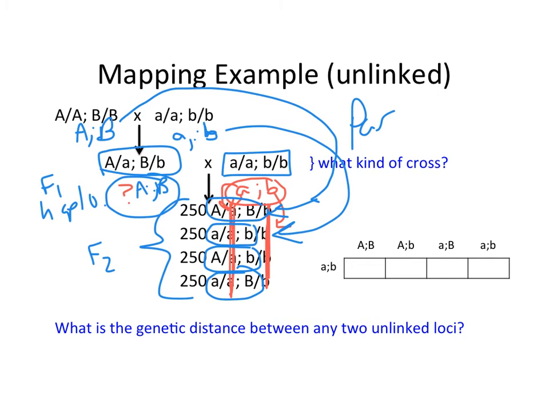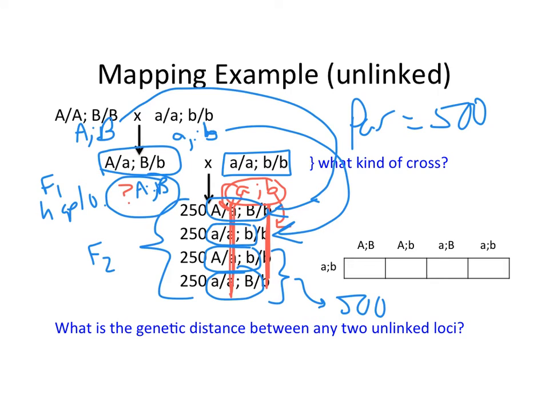Little a, little b. So we've got 250 plus 250, we've got 500 parental gametes produced by that F1 dihybrid. What about recombinants? Big A's with little b's and little a's with big B's. How many F2s total? Also 500 in this case.